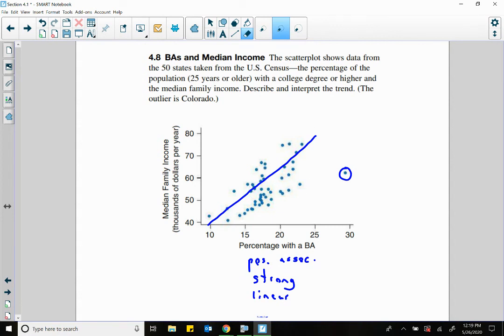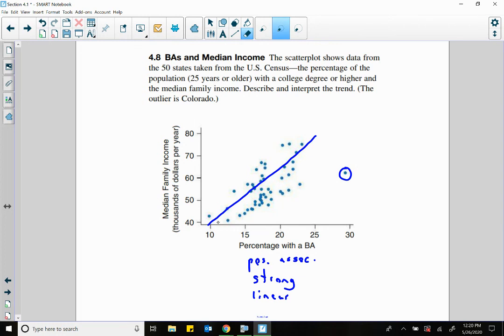Each one of these dots represents one of the 50 states. So as the percentage increased for the state, so did the median income. Now again, you've got this weird outlier where it has a lot of people with a bachelor's, but their median income is not very high compared with everybody else.